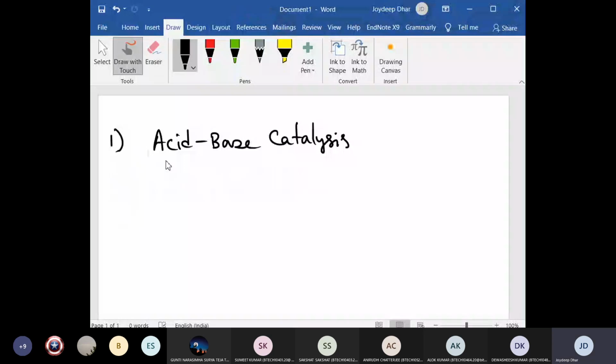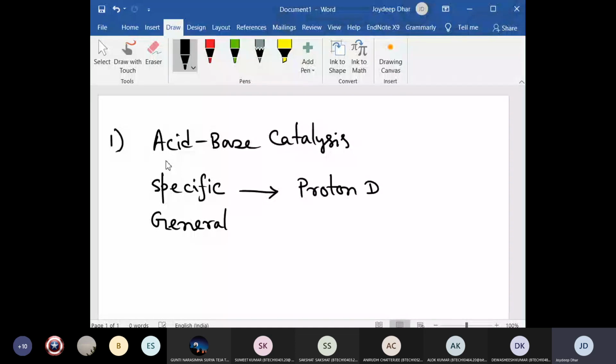Let's say for acid catalysis only, one is specific and another is general. In specific catalysis, only a proton source, a proton donor, is required.